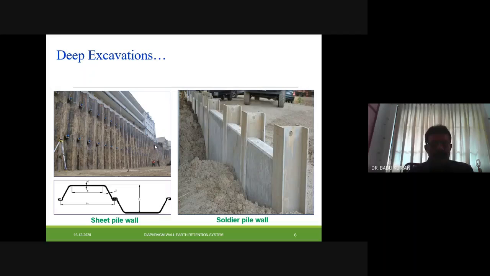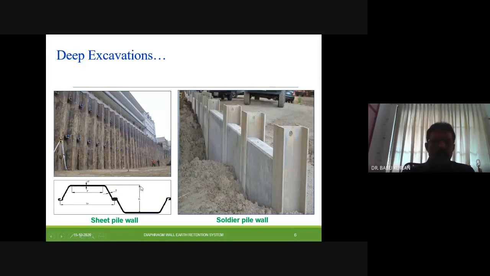And regarding the sheet pile wall, this shows a sheet pile wall retention system. The sheet piles have a shape just like a trapezium, and at this end, it is connected with another trapezium-type steel plate.